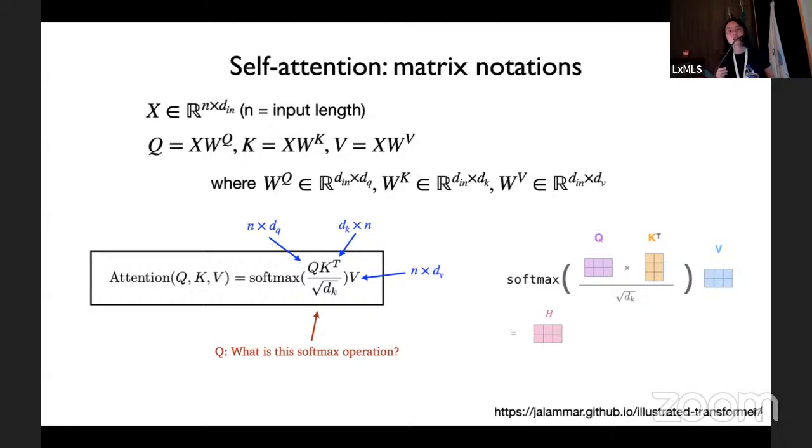The X are the input vectors, and WQ, WK, and WV are weight matrices, just like any other parameters in neural networks that we need to learn from the data. So they are learned from the data? Yes. They're not randomly initialized. WQ, WK, WV are essentially the key parameters of the model. Okay, thank you so much.